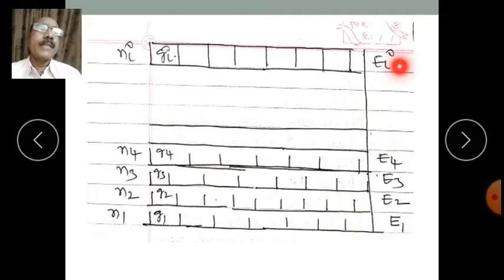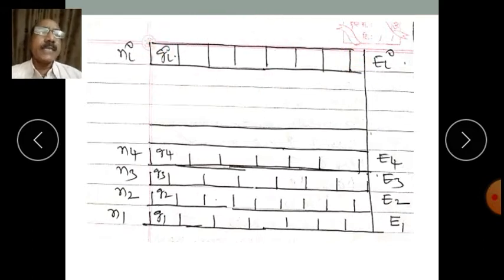Similarly, there is an energy level Ei having Gi sections, and Ni particles are to be distributed in these Gi sections, isn't it? Like this.